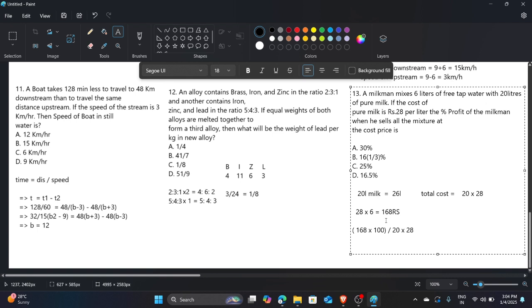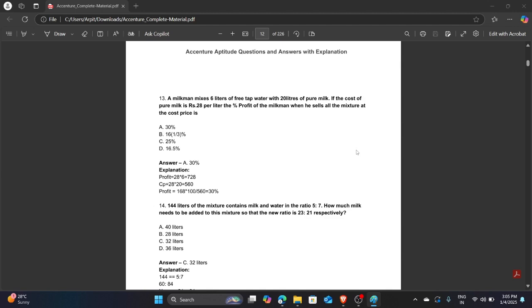You can see that 28 divided into 168 gives 6, and 20 divided into 100 gives 5, and the answer is 6 into 5, which is 30% profit. The answer is 30.